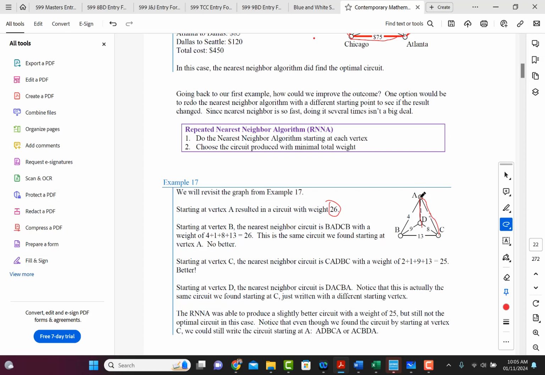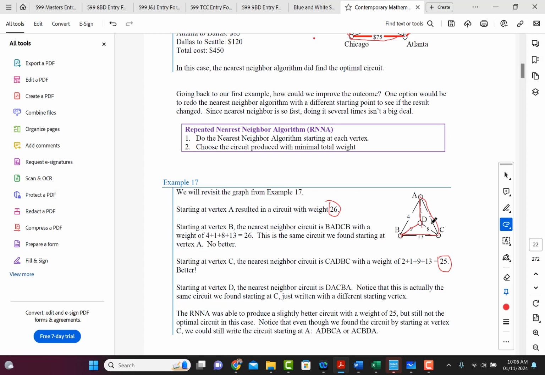So C, A, and then D, and then we go to B because we don't want to go back to C, right? Because we have to go to unvisited vertices. So to D and then to B, and then of course we go back to C. Now notice that in this case we ended up getting 25. So we did do a little better.